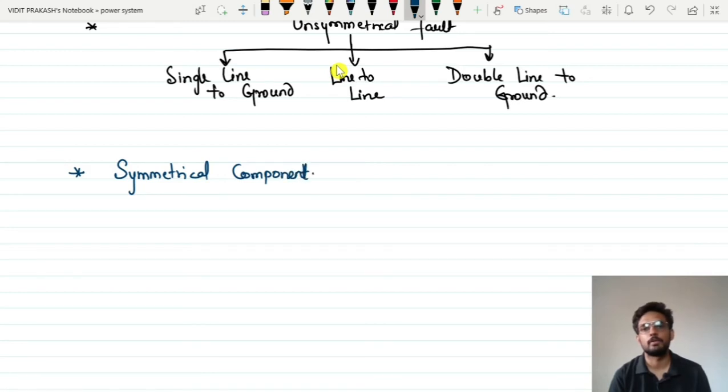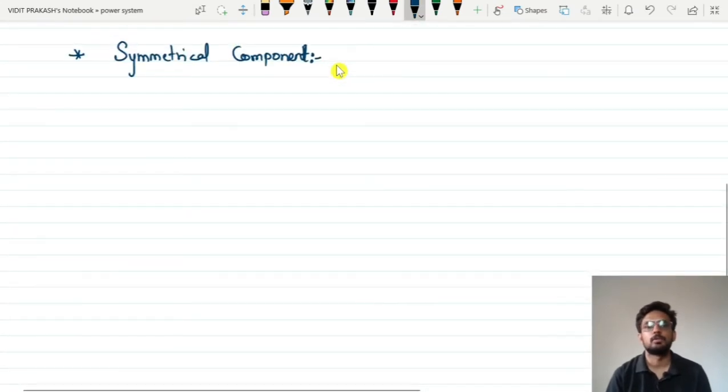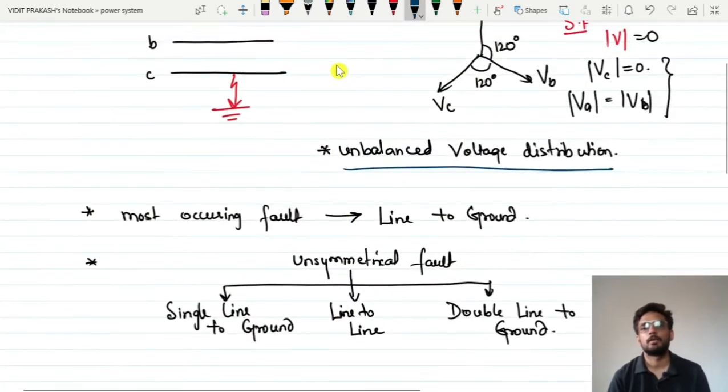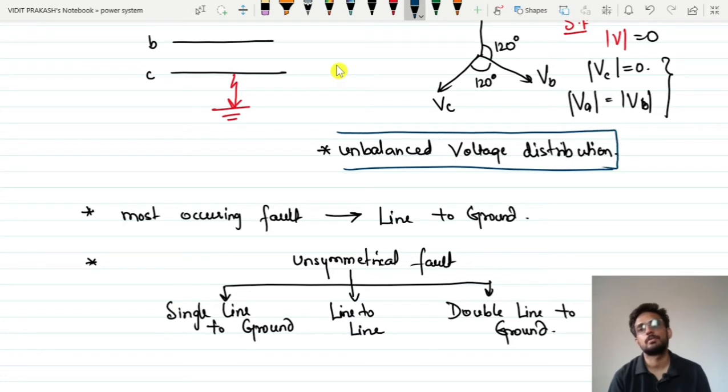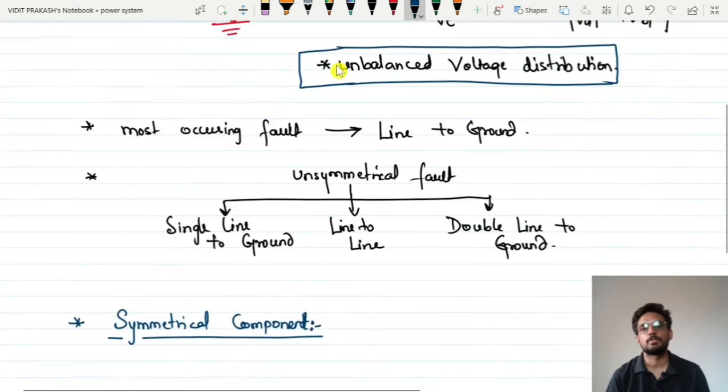You will understand everything, just have patience. With the help of symmetrical components, you can analyze your unbalanced voltage distribution or unbalanced current distribution.